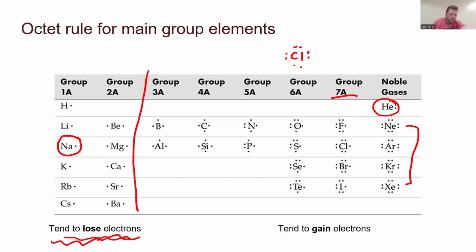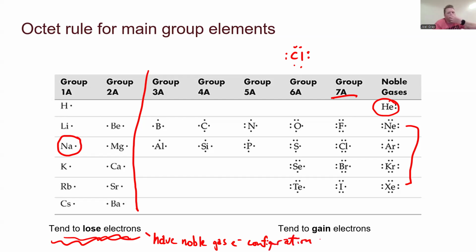And they do that so that they can effectively participate in some sort of bond. When they lose an electron, they have a noble gas electron configuration.